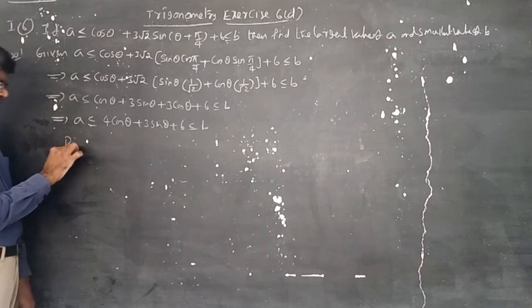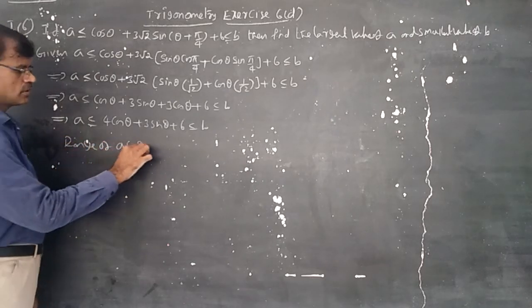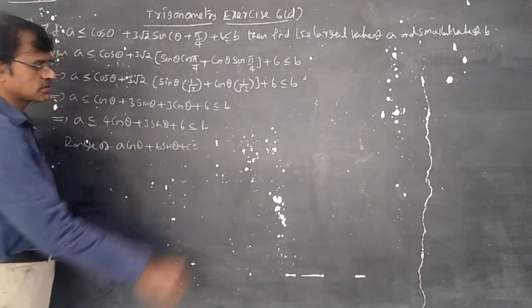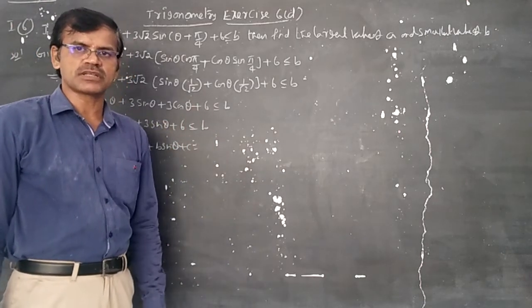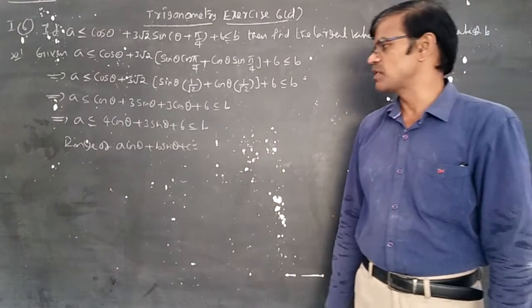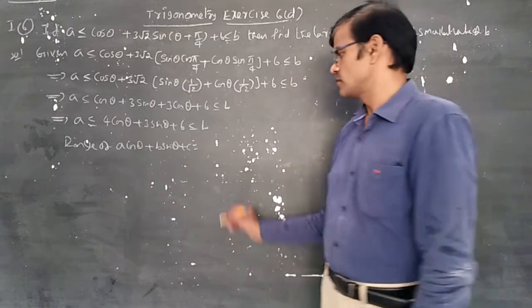The range is the extreme values of the function a cos theta plus b sin theta plus c. I said before, in the exercise 6b concept, that the range of a cos theta plus b sin theta plus c is c minus root of a square plus b square, and c plus root of a square plus b square.